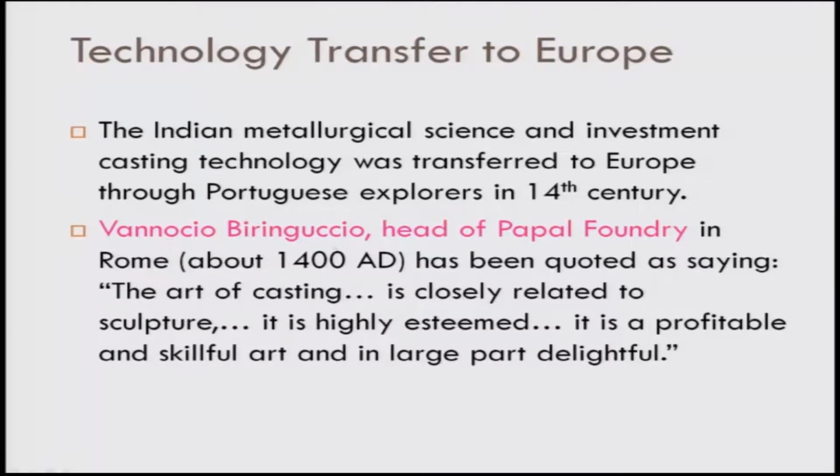They are saying that the head of the papal foundry in Rome around 1400 CE, his name is Vannoccio Biringuccio, has been quoted as saying that the art of casting is closely related to sculpture. Of course, he has told a lot of other things. It is highly esteemed, it is a profitable and skillful art, and in large part delightful. So, this is the ethos Indians were having, maybe one can say that way, but more conclusive evidence is required to talk about it.